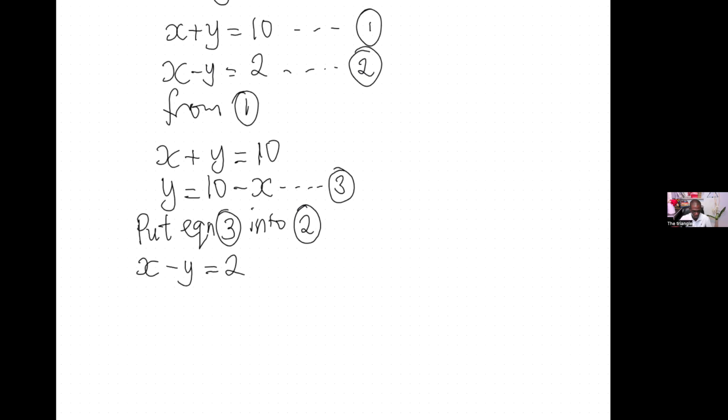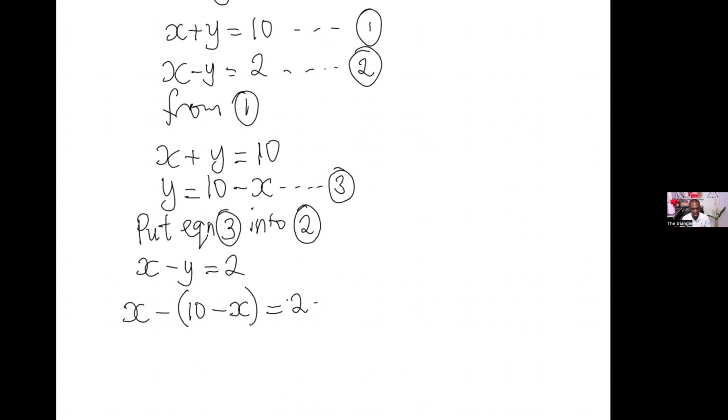So therefore, we'll have x minus (10 minus x) equals 2. Trust you're following. Okay?